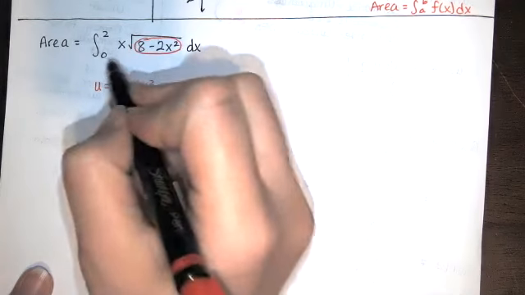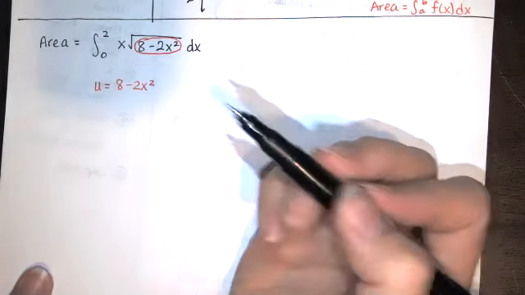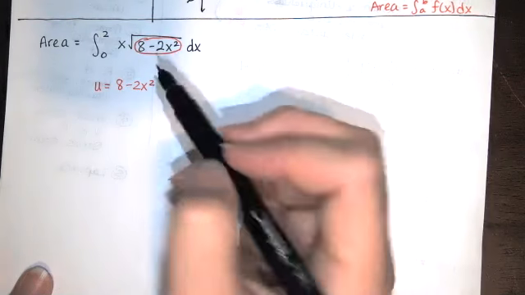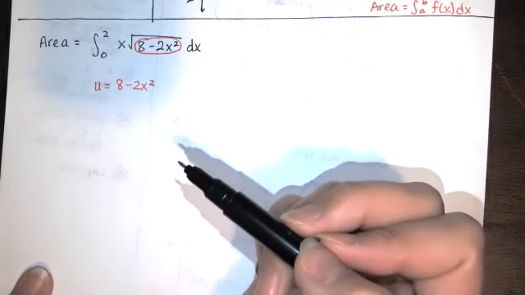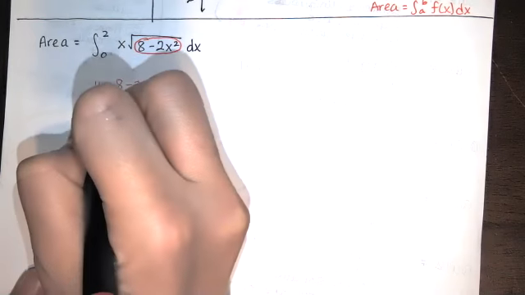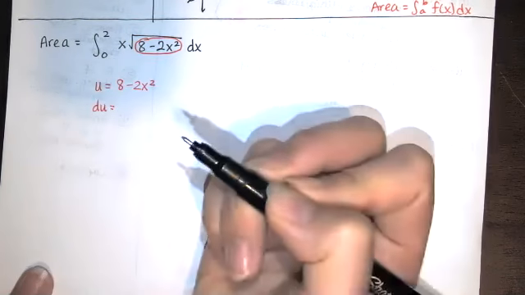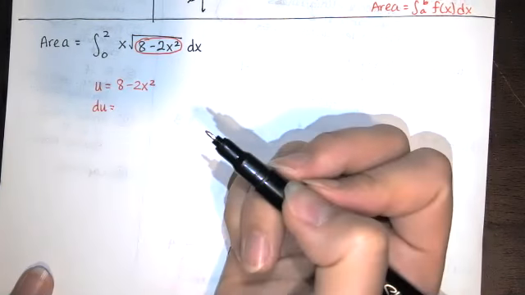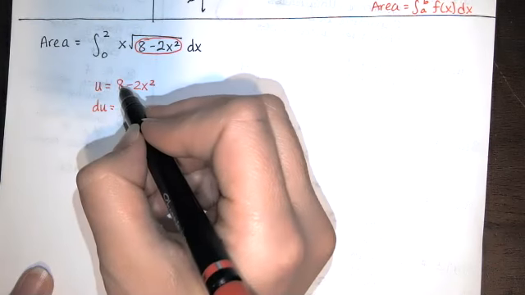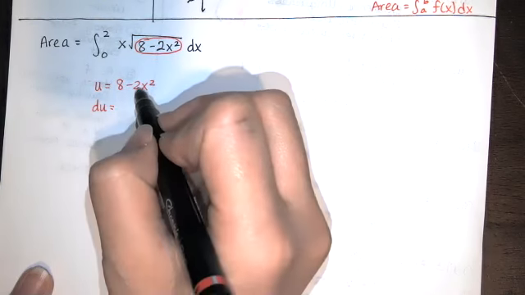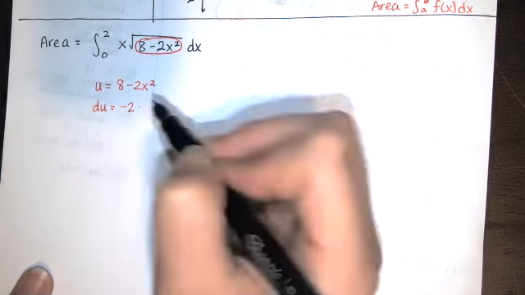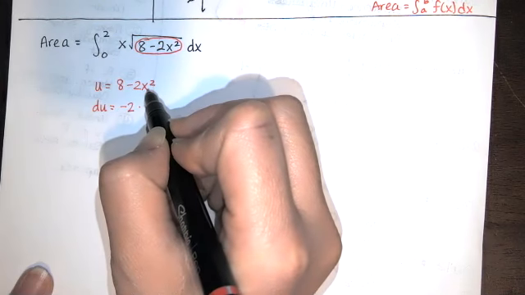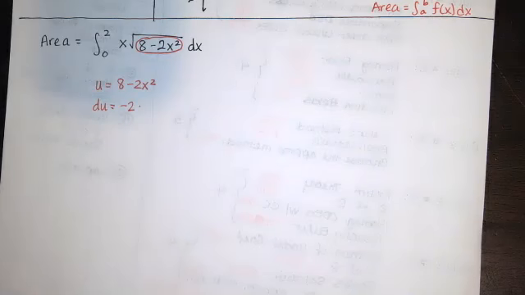And then in order to complete the u-substitution and evaluate this integral to find area, we need to write everything up here entirely in terms of u. To do that, we need to compute du. That's just the derivative of this times dx. The derivative of a constant is 0. Then you bring this constant down. And then to evaluate the derivative of x to some power, remember this rule.